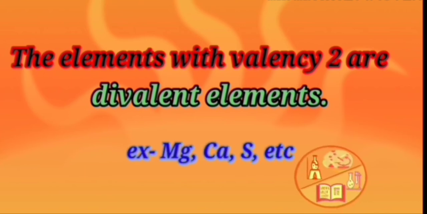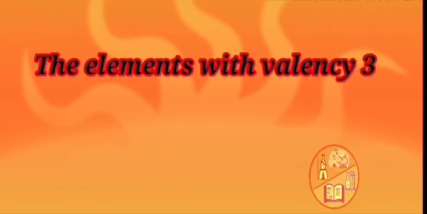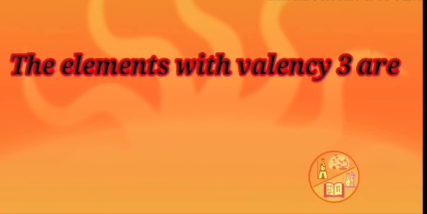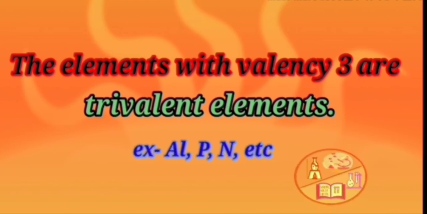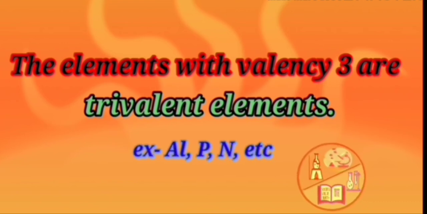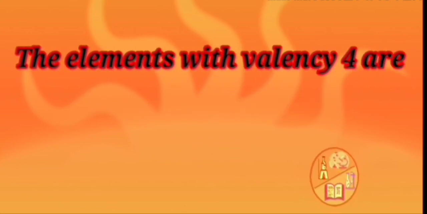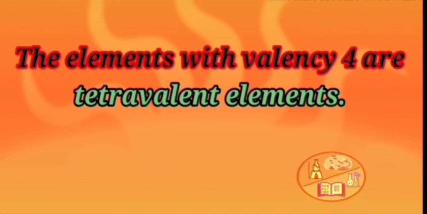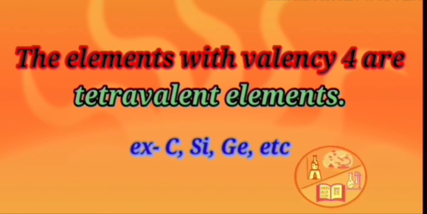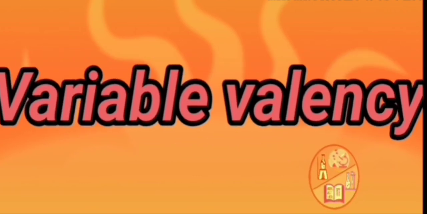Example, magnesium, calcium, sulfur, etc. The elements with valency 3 are trivalent elements. Example, aluminium, phosphorus, nitrogen, etc. The elements with valency 4 are tetravalent elements. Example, carbon, silicon, germanium, etc.